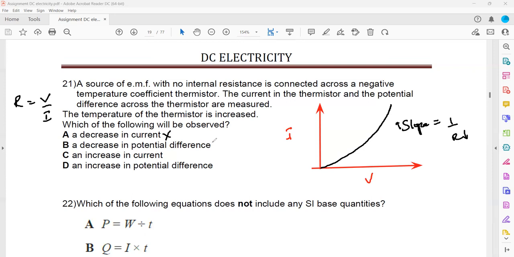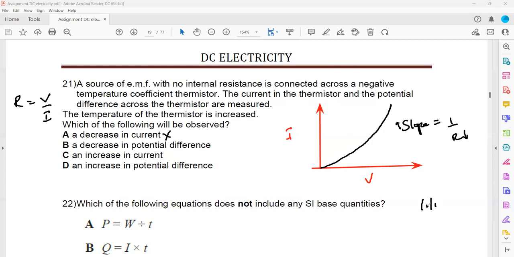Decrease in potential: the potential is like an independent variable we are controlling, we are applying. For example, if I apply 10 volts, 20 volts, 30 volts, because this is the only component, as you can see, read the question, a thermistor is connected with a battery.